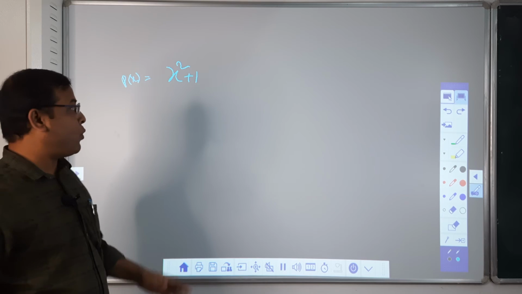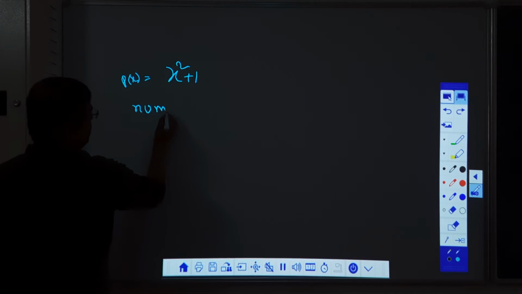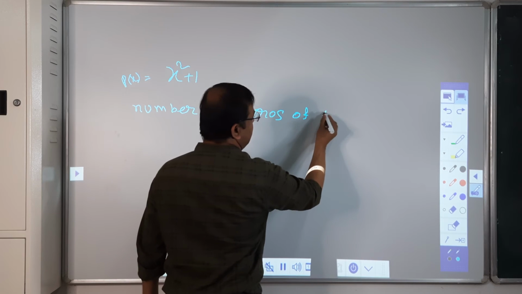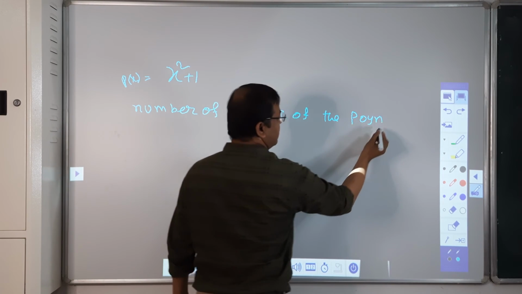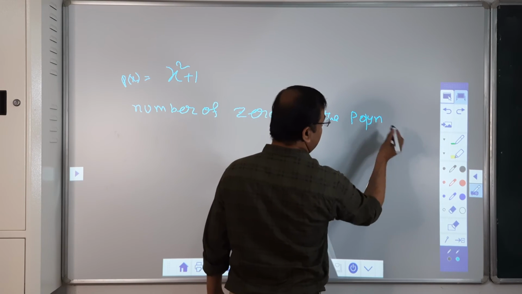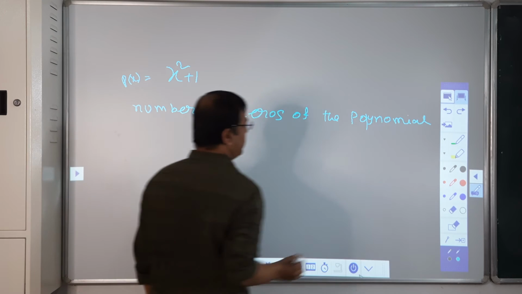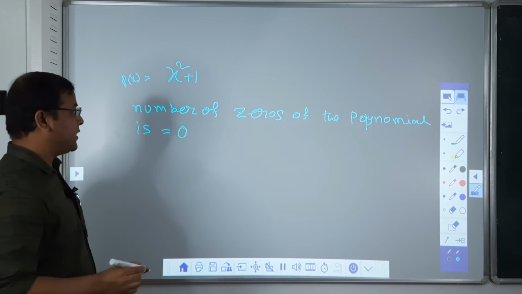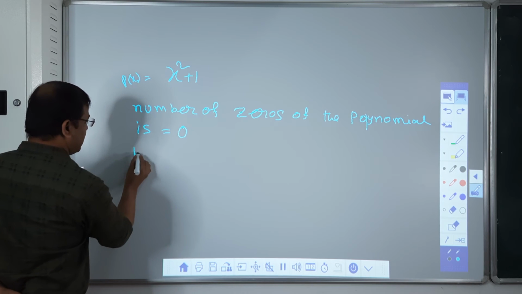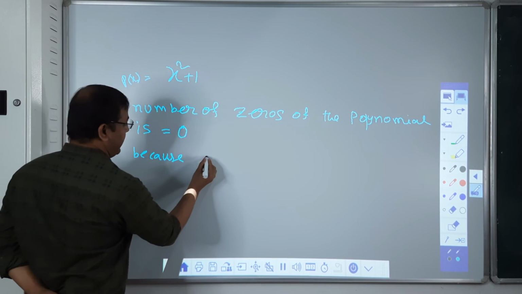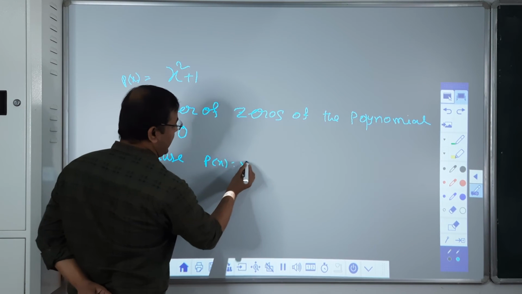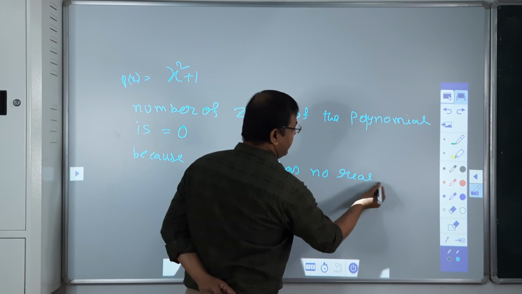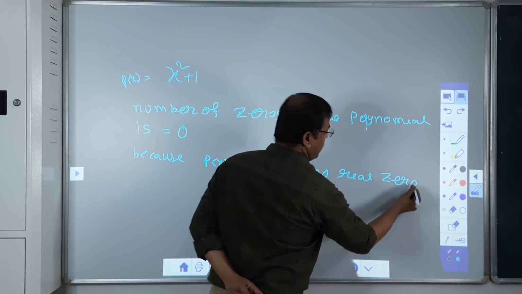Then the number of zeros of the polynomial is 0, because this polynomial has no real zeros. p(x) equal to x square plus 1 has no real zero.